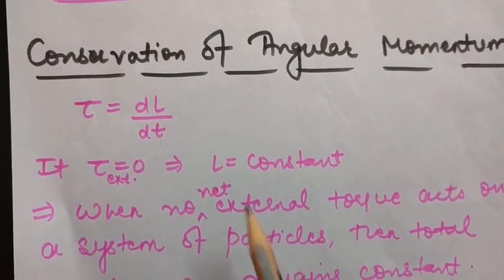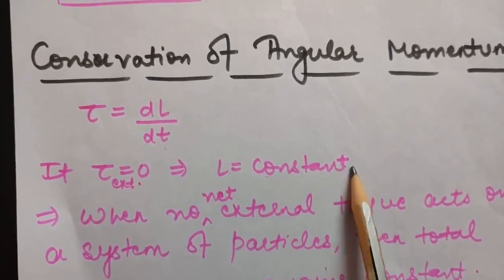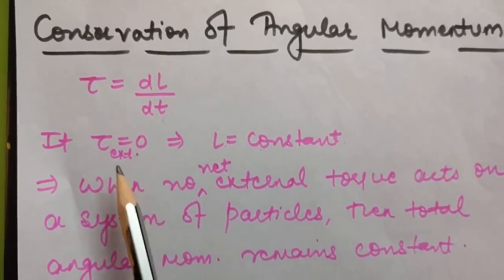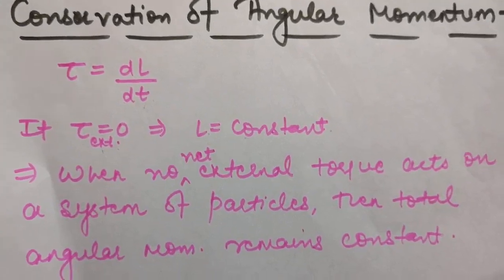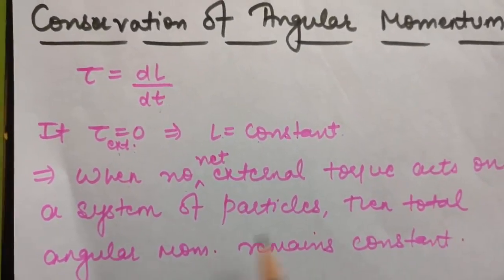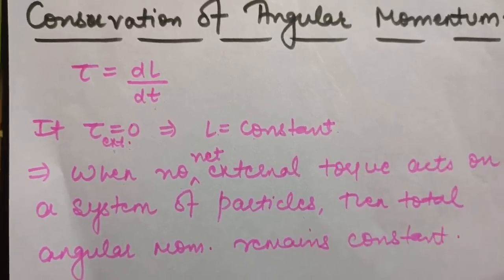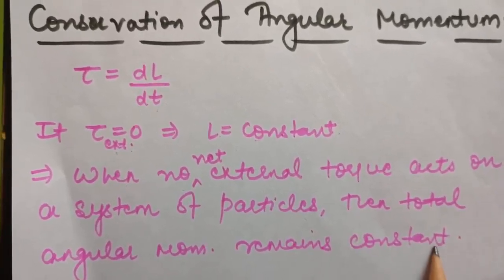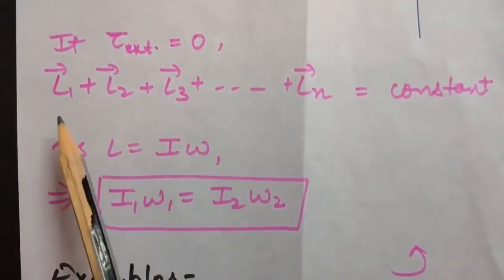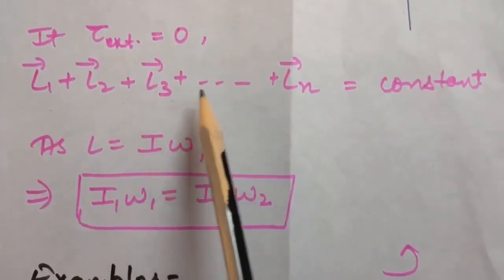That means angular momentum is a constant if net external torque acting on a body is 0. So we can say when no net external torque acts on a system of particles, then total angular momentum remains constant.